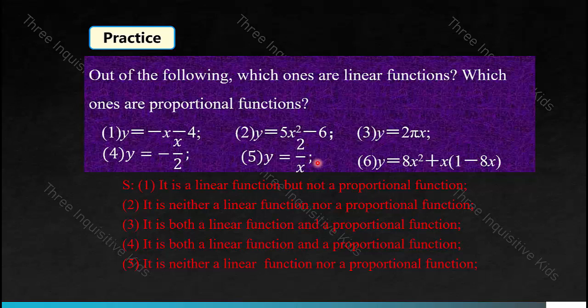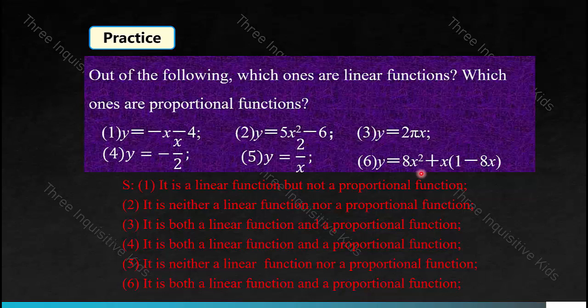And now this next one, you might say it is not a linear function, but in fact it is a linear function. What many people might think is they look at the 8x squared and just say, well, a linear function can't have squares in it, meaning it is not a linear function.